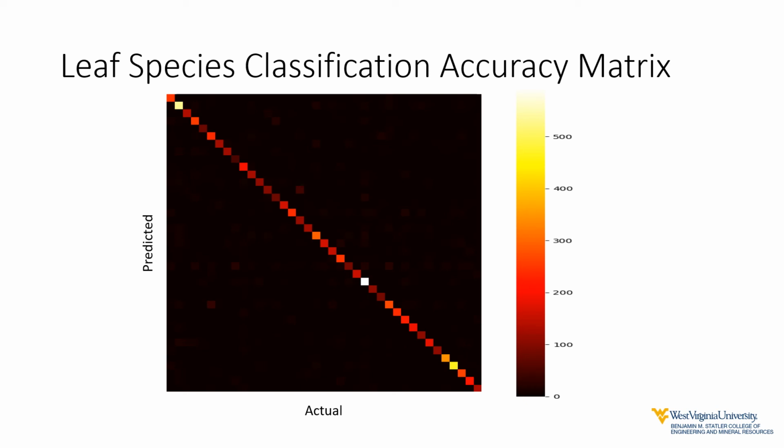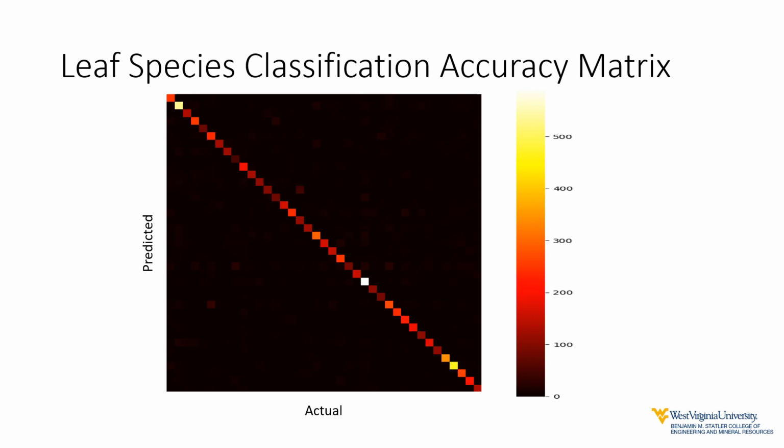We trained our classification model on the first 40 species, which contained the maximum amount of leaf images, and we received this result. As you can see in the confusion matrix, there is a clear diagonal. Some classes contained over 500 images, some around 100.